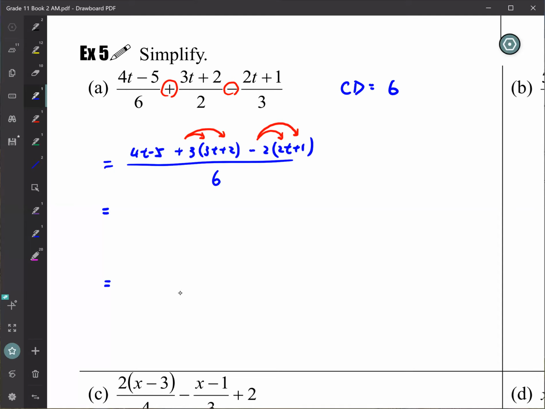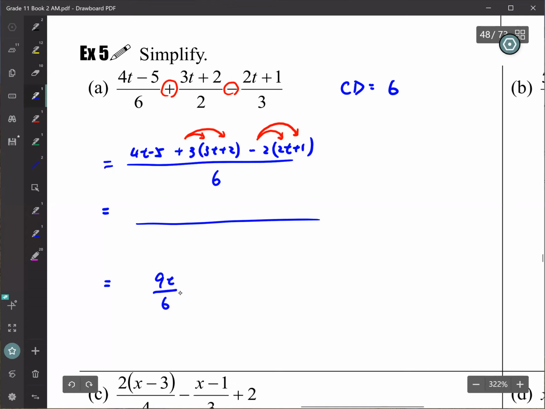Okay, Nathan, what do you have? I have 9t over 6. Oh, so there's nothing else behind, just 9t over 6? Can you tell me what you did when you're expanding? You put 3 times 3t and then 3 times 2 and then -2 times 2t and then -2 times... Oh, tell me what to write on the numerator, I did it wrong.